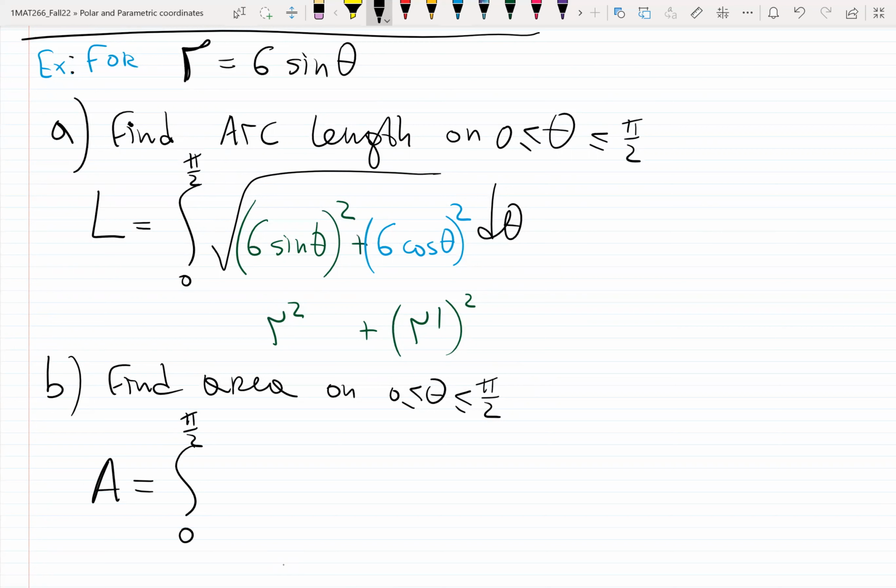I remember that area is not a square root. It's 1/2 instead. Okay, that's really good. Then it is r squared. That's it. Just don't mess up. So it's the integral of 6 sine theta squared d theta. Can you do that? If I ask you to integrate that, it's actually not very hard. It's the double angle formula here. You better remember that because we practiced that a lot already.